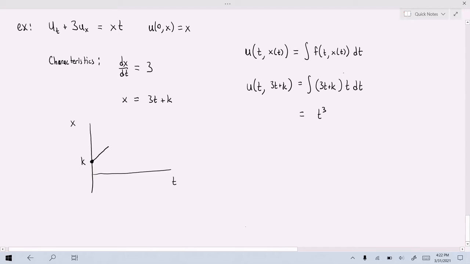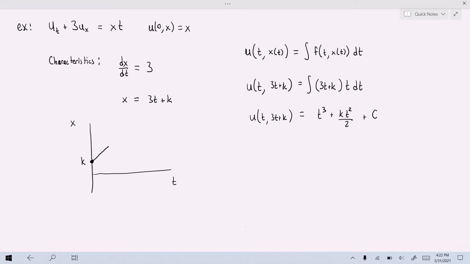And then we'll get plus kt, and the integral of kt would be kt squared over 2. And then after integration, we do pick up another constant, c. So this is what our solution will look like evaluated along a particular characteristic.